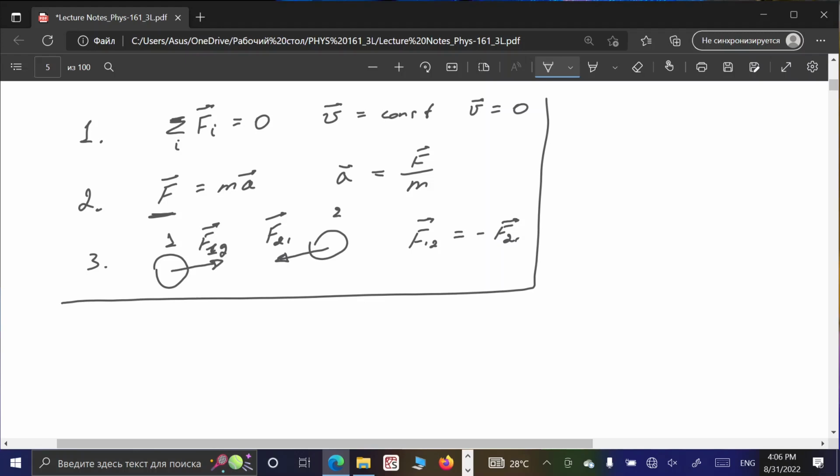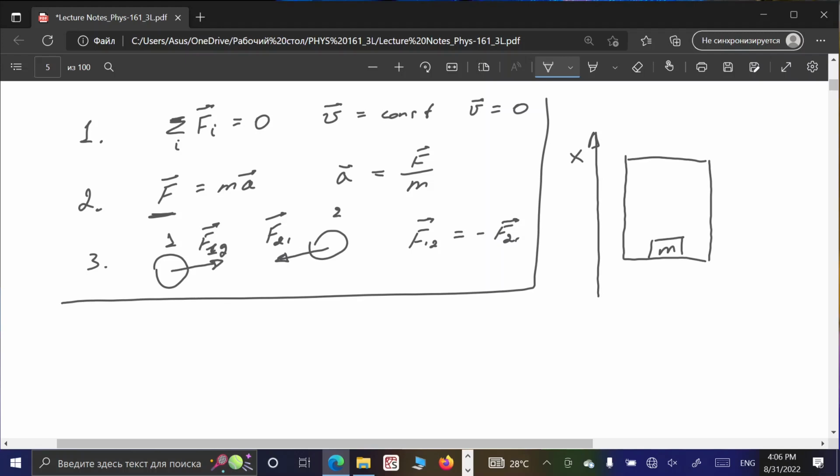The first system which we are going to discuss will be an elevator with a block M in this elevator. Let us consider axis x, which goes vertically upwards as the positive direction.